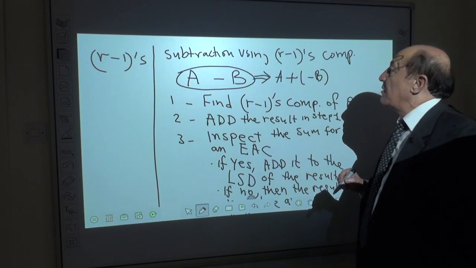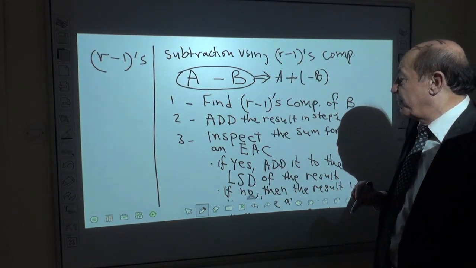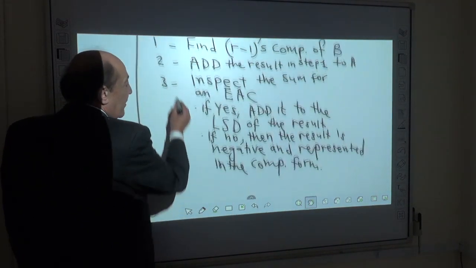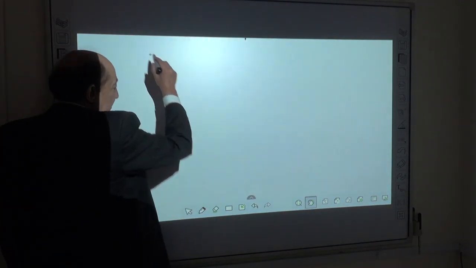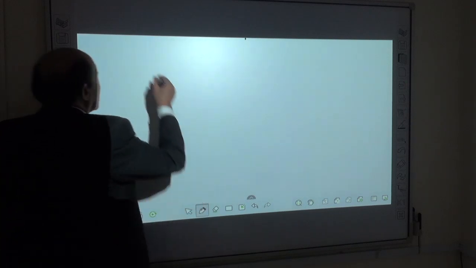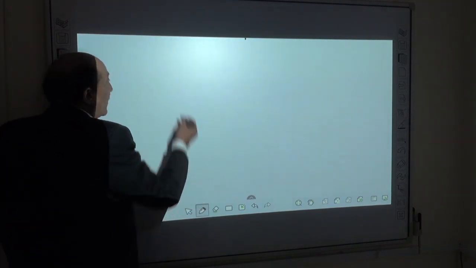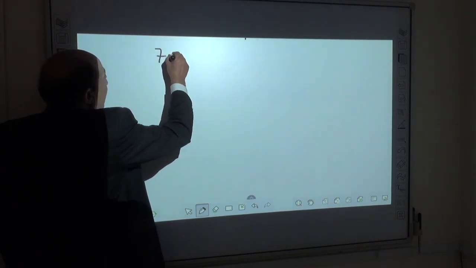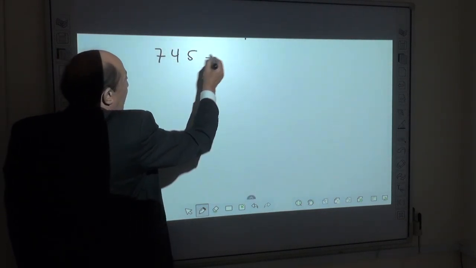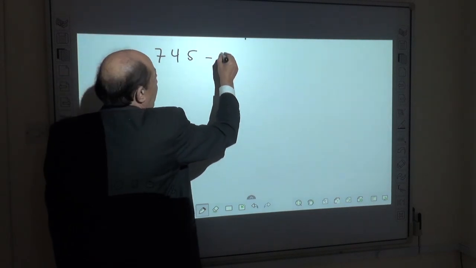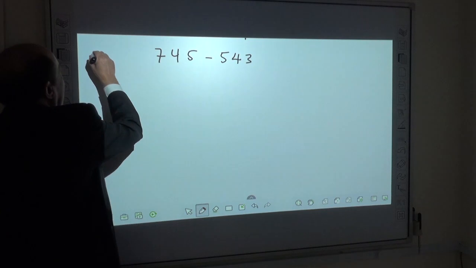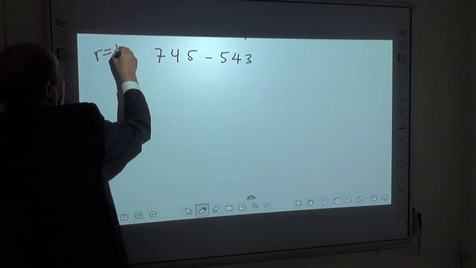Otherwise, the result is negative. For example, we have in decimal the two numbers 745 minus 543 equals 10.